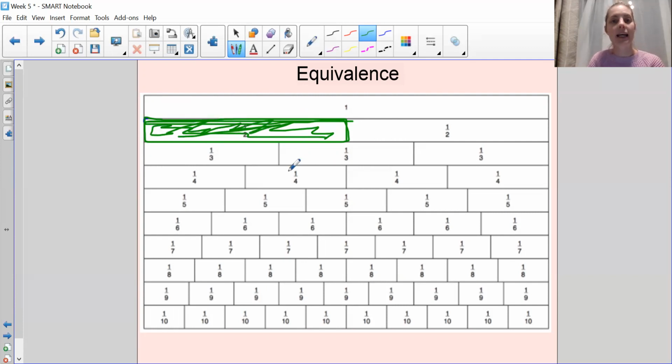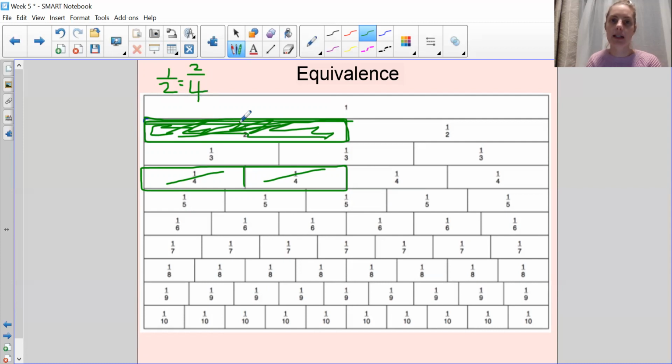And I want to find another fraction that's equal to a half. Now, if I go further down, I can say that here I've got quarters. And how many quarters do I need in order to make a half? I have 2 of them, 1 and 2. So I've got a half is equal to 2 quarters.